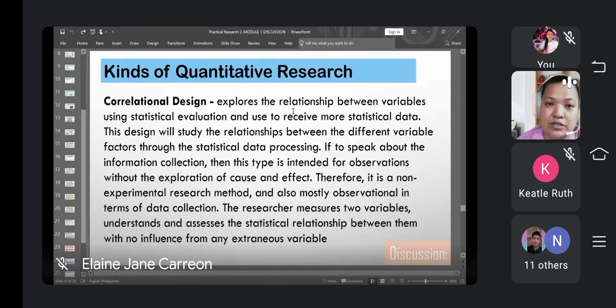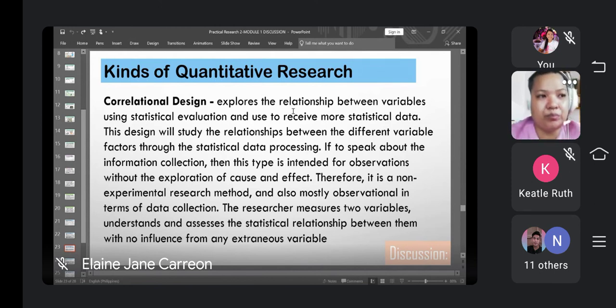Wala po. Hindi po namin alam. Any answer? False. Okay, so wala siyang relasyon.